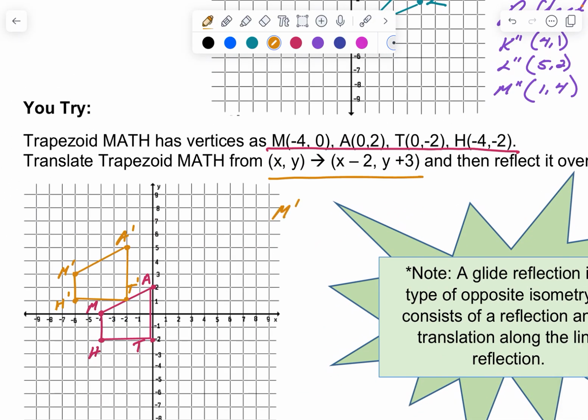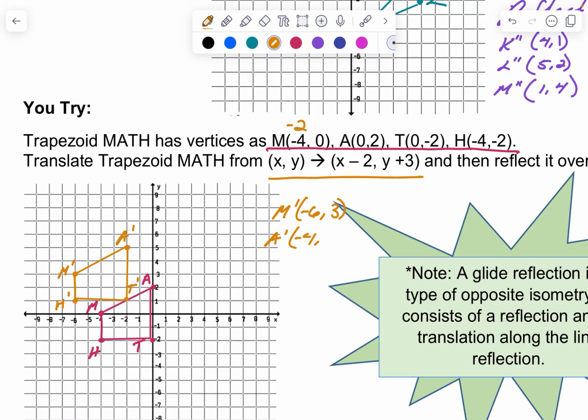M prime now is at (-6, 3). A prime is at (-4, 2). Wait a minute, that's not right. I'm trying to do this algebraically.